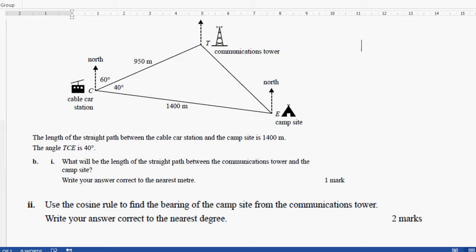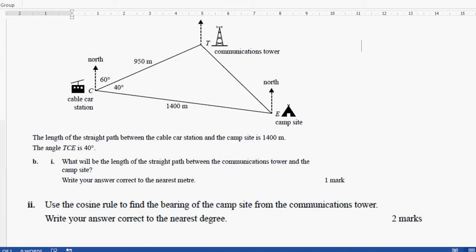So here you've got this cable car station, this is the communication tower, this is the campsite. The distance between the car station and the communication tower is 950 meters. That between the car station and the campsite is 1400 meters.